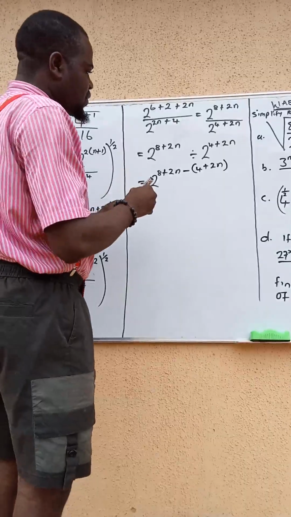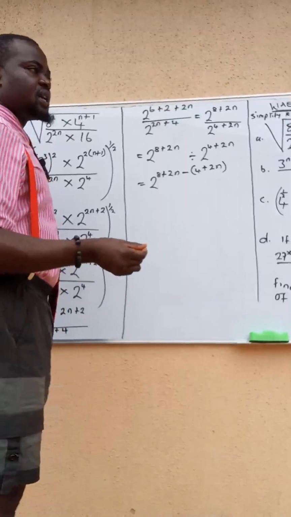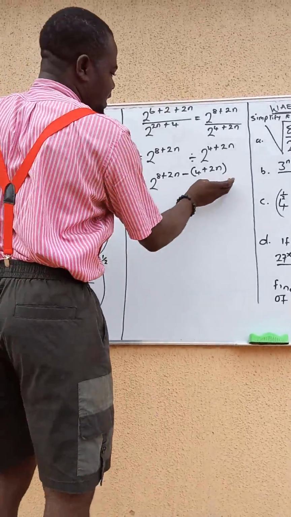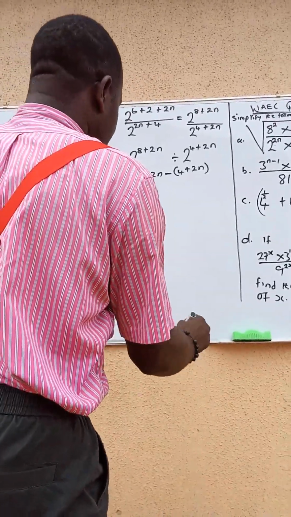Division law says that if you have the same base, you can subtract the powers. So that's what I did here. Don't forget the bracket, which is still the same thing as what?